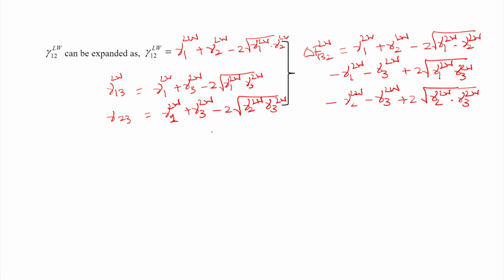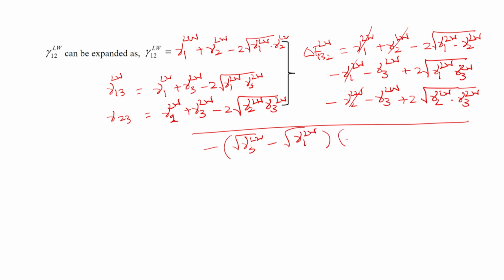So, if you add up all that, you will see this one gets cancelled here, this one gets cancelled here, and whatever is the rest, I can write something like this. Please check if I am writing correctly or not. This is gamma 3 LW minus square root of gamma 1 LW into square root of gamma 3 LW minus square root of gamma 2 LW.